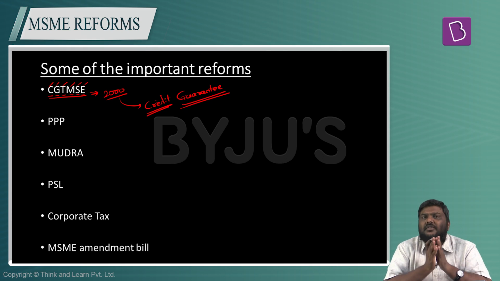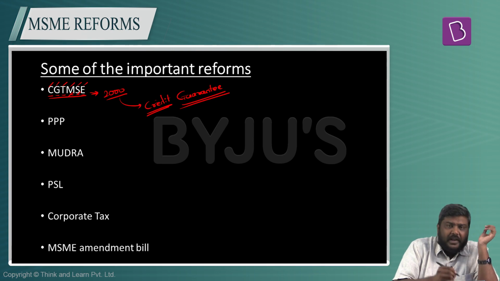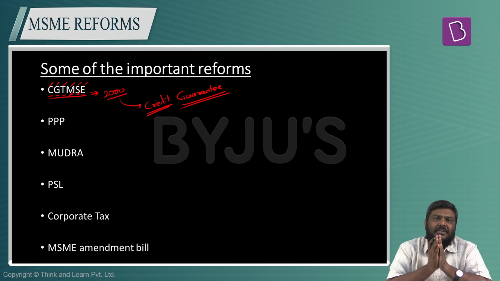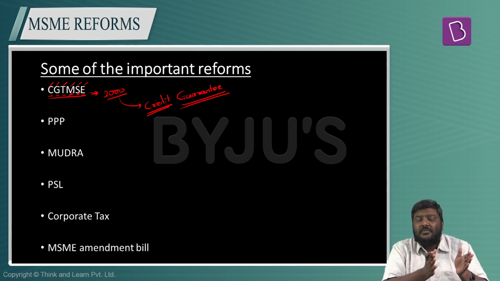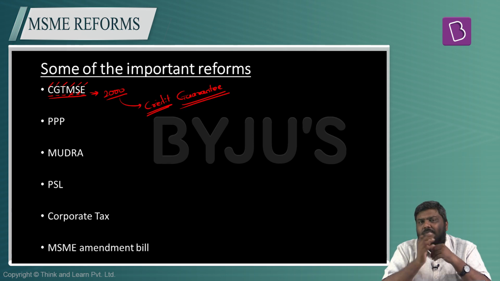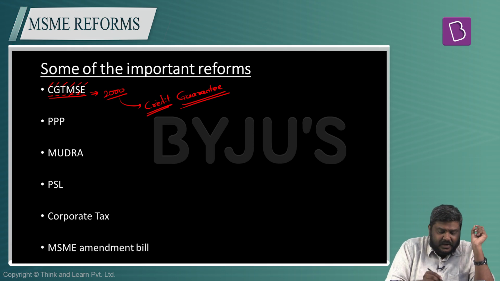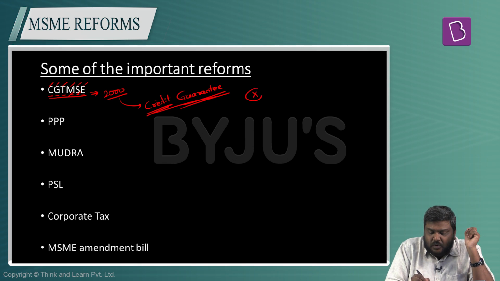I'll repeat it. The objective of this fund is to provide credit guarantee in case a borrower who is a micro and small enterprise defaults on the repayment. Now, how much of the credit guarantee will be provided will vary from one sector to another, from 1% to another percentage of the amount remaining. But essentially, the credit guarantee simply means, let's say hypothetically, I've borrowed 100 rupees from a bank.